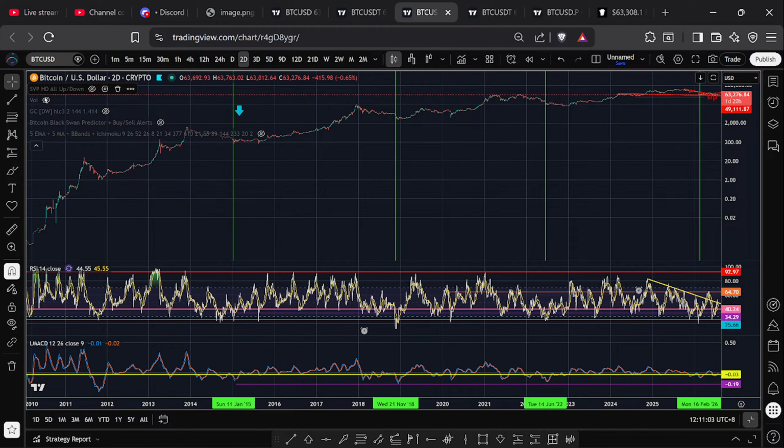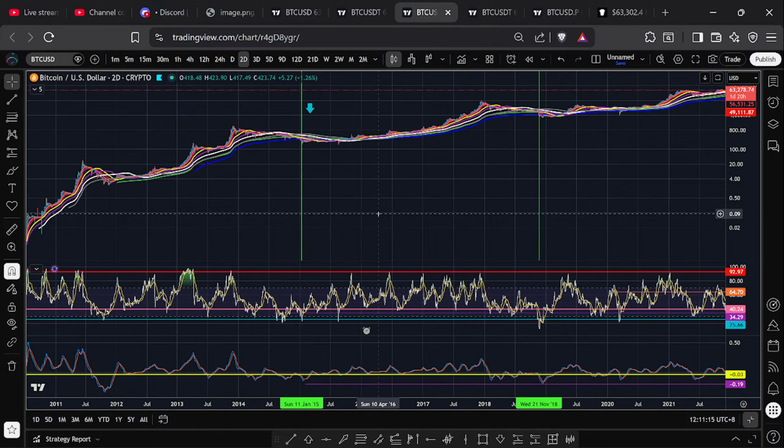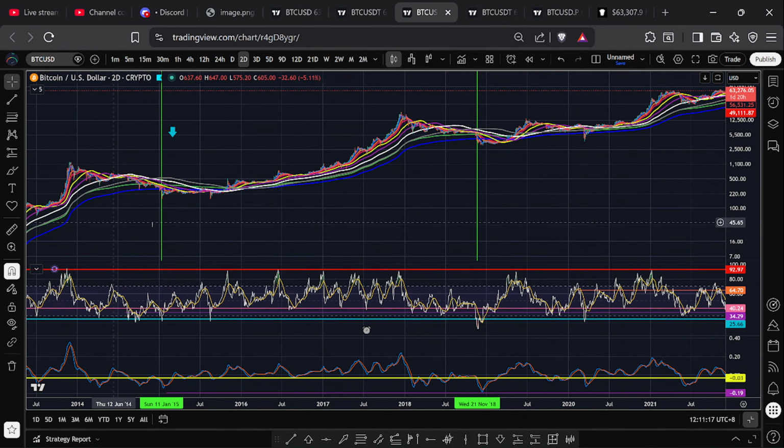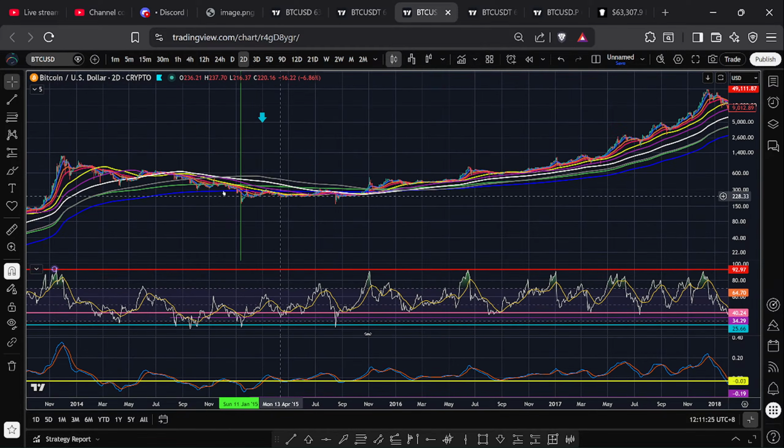So now we'll have a look at why that time it did it a few times at around this area. Okay, so we can see the yellow moving average, okay, the 55, is under the grey moving average here, when it was above.